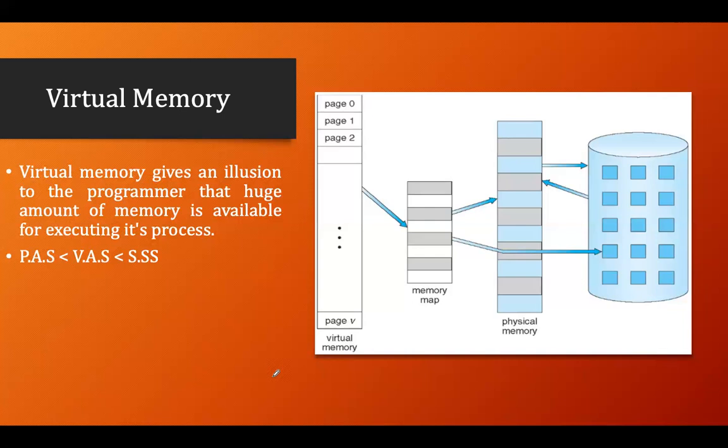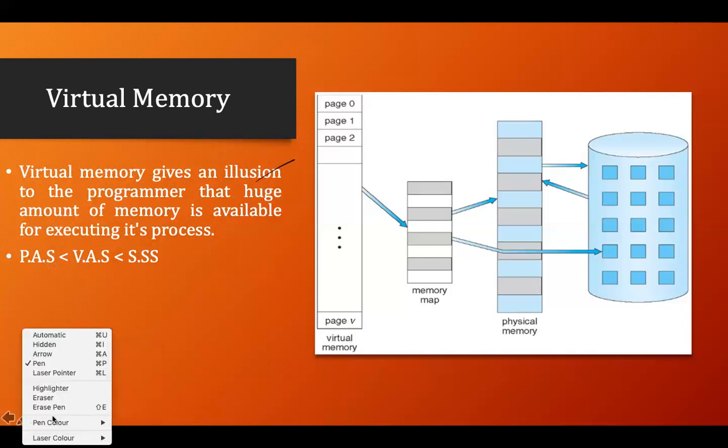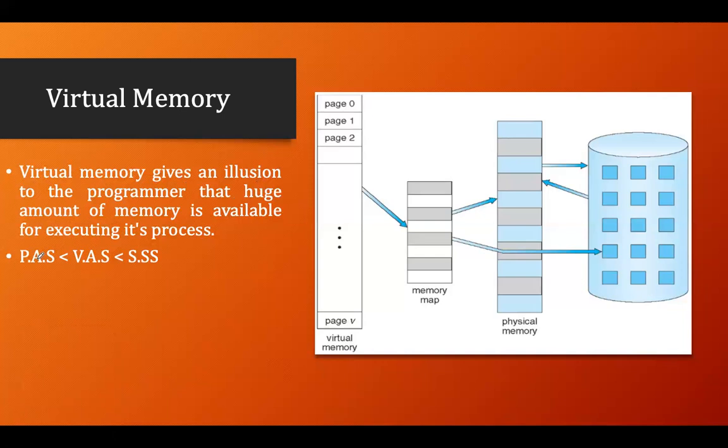For that particular process, the address space given in the physical memory is less. Physical address space is less than the virtual address space. That is the concept behind the virtual address.